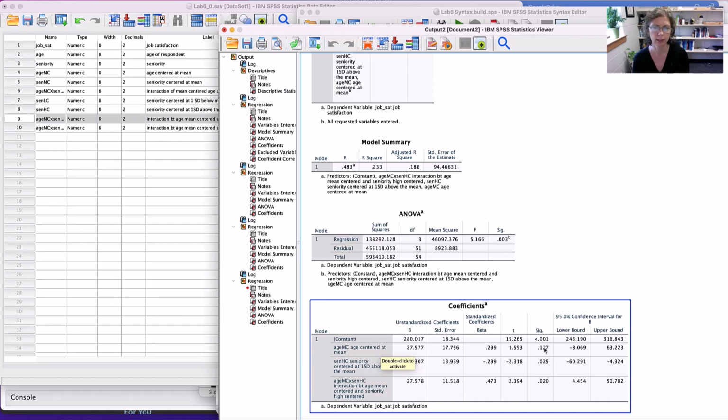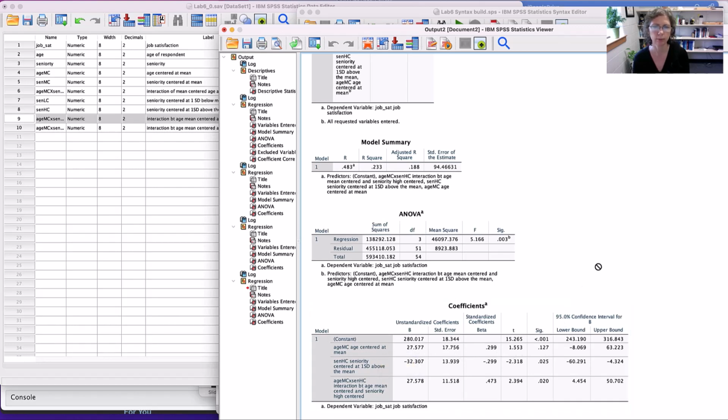So it looks like it is not significant. There's our unstandardized coefficient, our t-test, and our significance value. So no matter what seniority was at, age was not a significant predictor of job satisfaction, right?